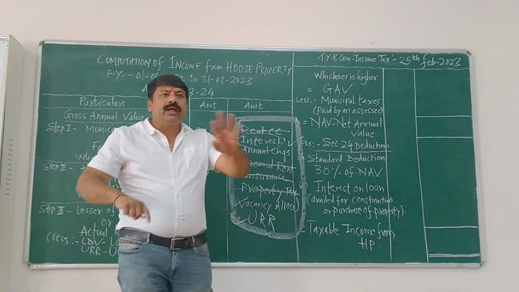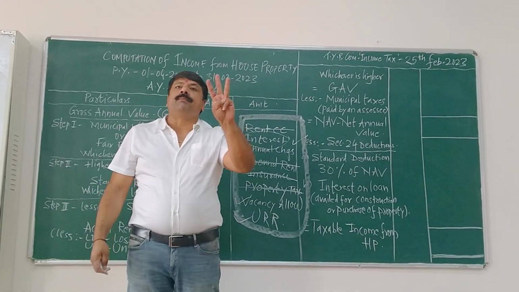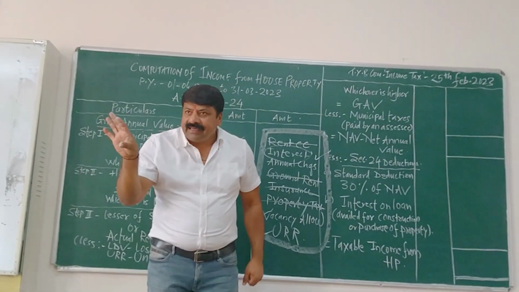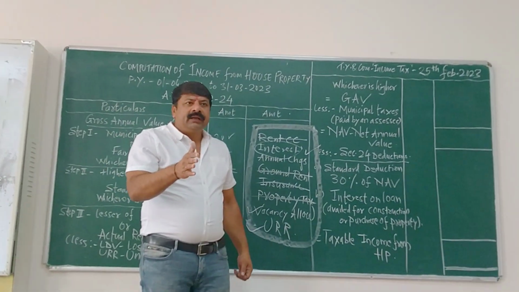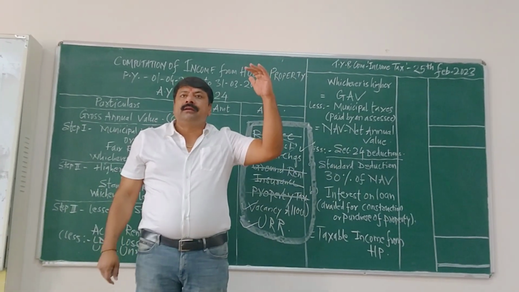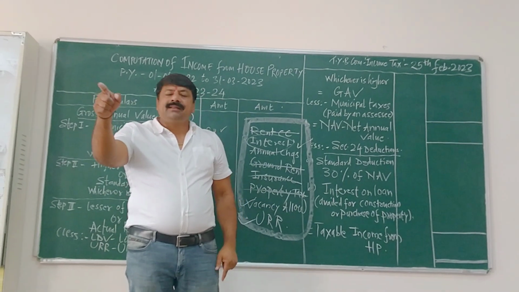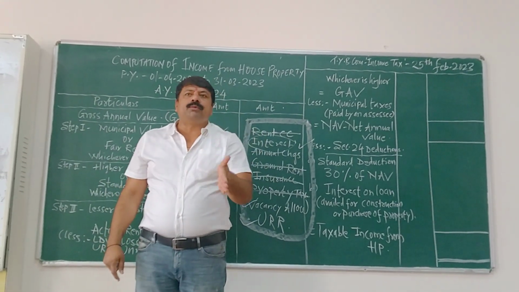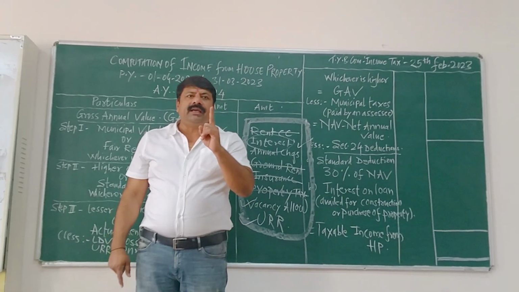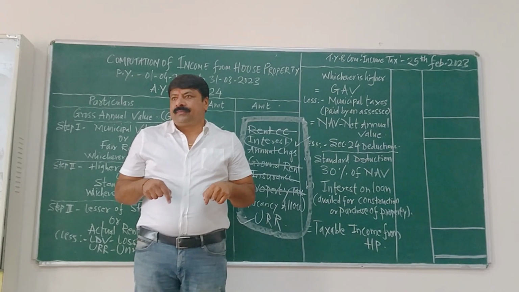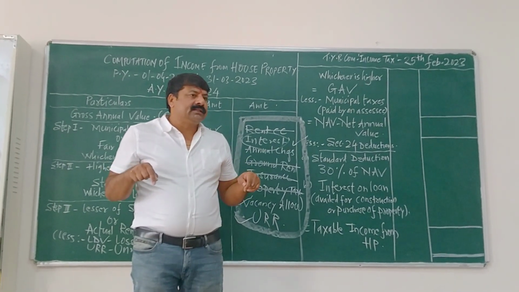There may be more than one property given in the problem, say 3 properties. You have to calculate property 1, property 2, property 3. Any one property of which gross annual value or net annual value is high, that property you can declare as self-occupied property. No tax will be payable for self-occupied property, as any one property is allowed to an assessee to reside, to use for residential purposes.